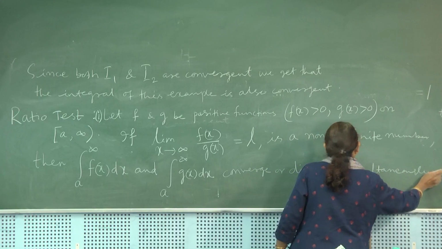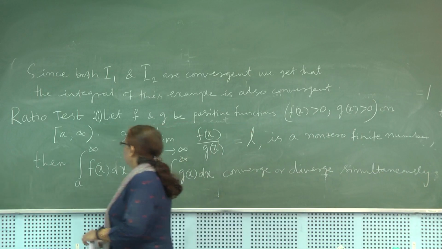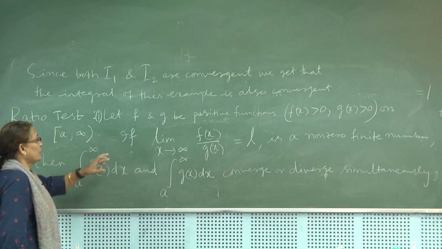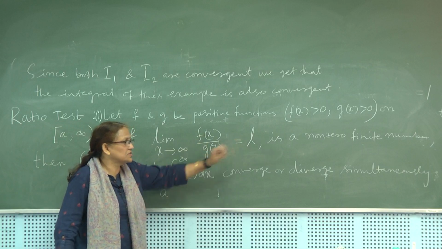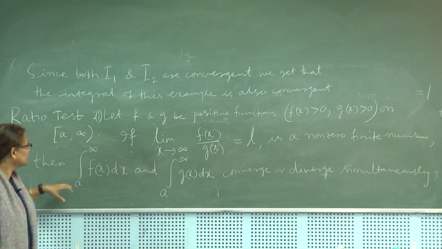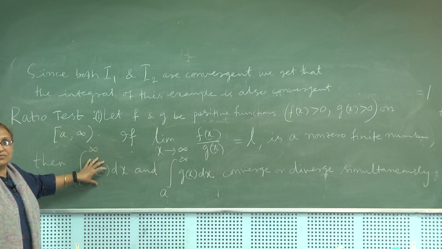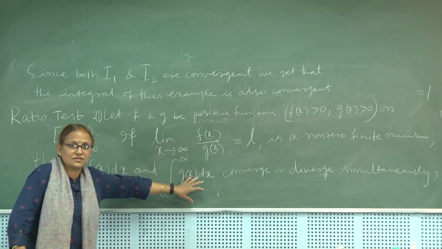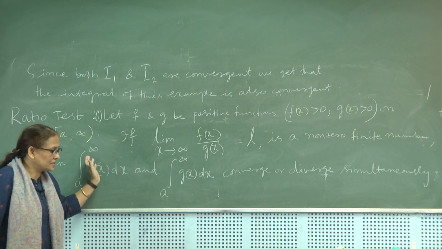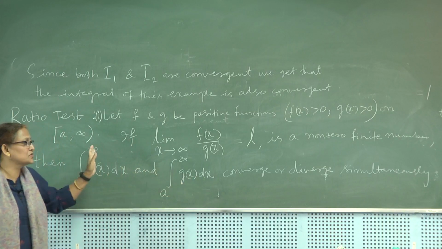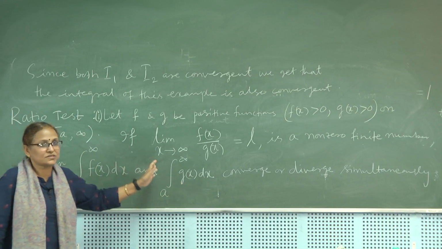So, the meaning is that if the limiting value of this ratio is a non-zero finite number, then this improper integral will converge if the other improper integral converges; if this one diverges, the other one diverges.